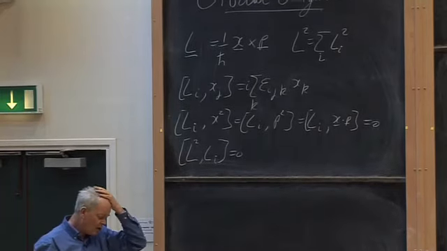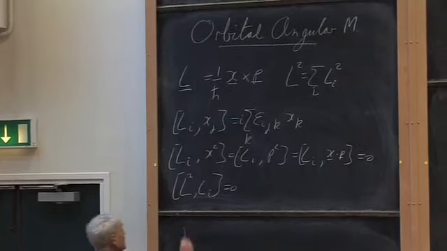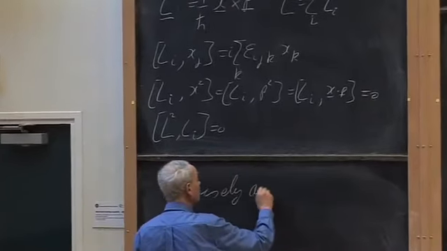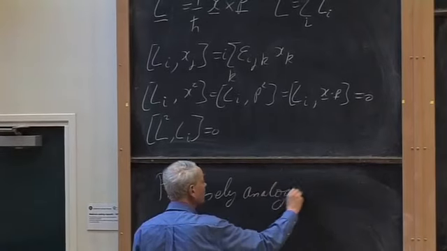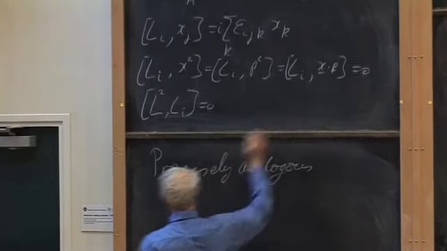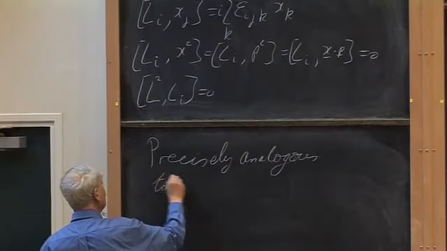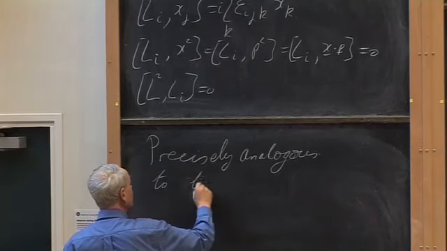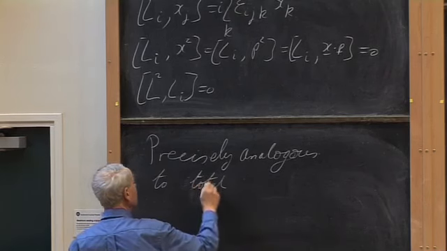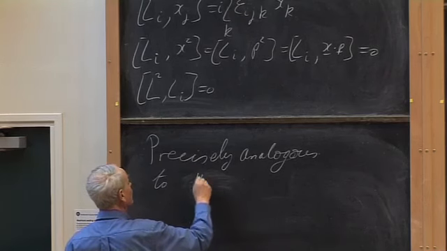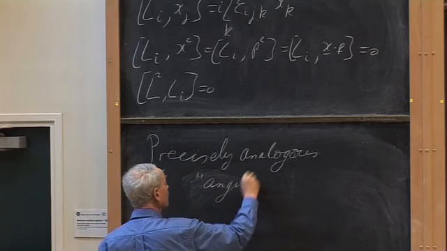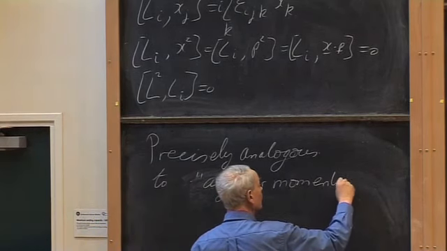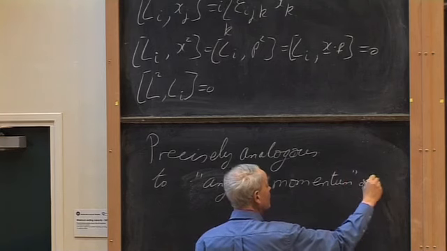So we have a situation so far which is precisely analogous to the commutation relations for the total angular momentum, what we have so far called the angular momentum operators.